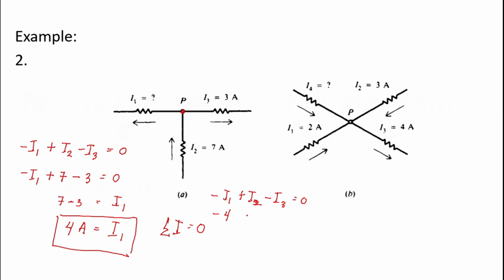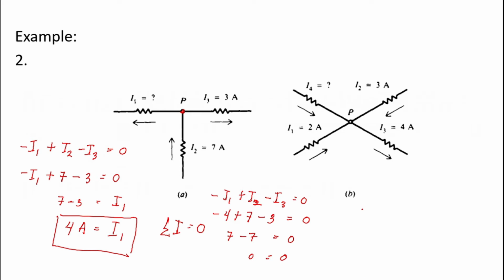I2 entering the junction, plus 7. I3 leaving the junction, minus 3 ampere is equal to 0. Positive, negative, negative. So, 7 minus 7 is equal to 0. So, the summation of the current along the circuit is equal to 0. Okay, that is for the checking.